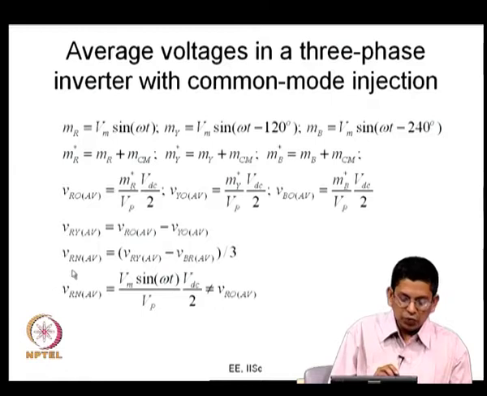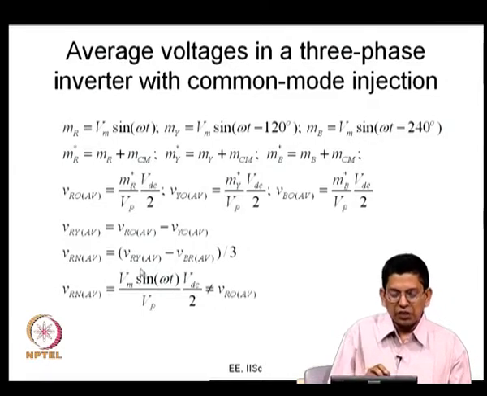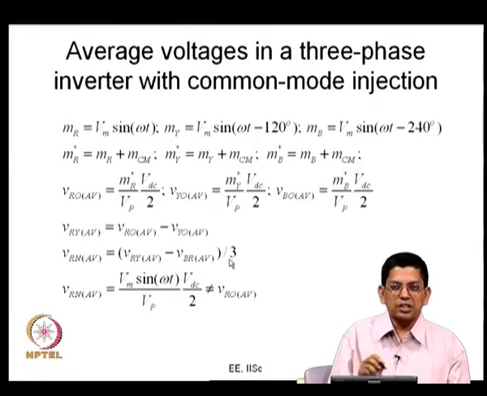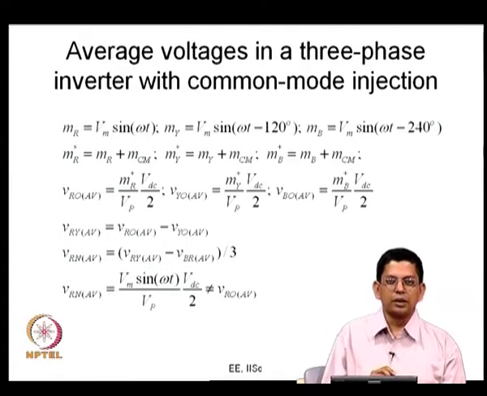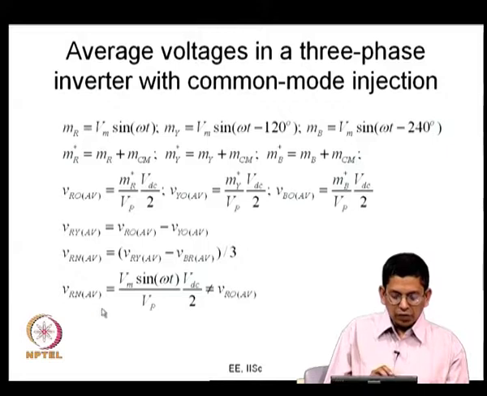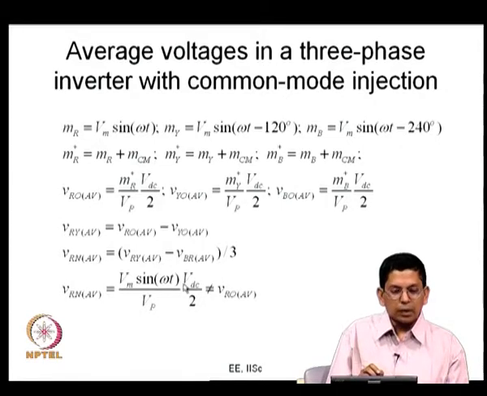So, what happens now? VRN average is the same thing, 1/3 of VRY average minus VBR average. Again, this is assuming that the load is balanced. So, this simply comes from KVL again. What is your VRN average? VRN average will be equal to Vm sin omega t by Vp into Vdc by 2, which is not the same as VRO average.